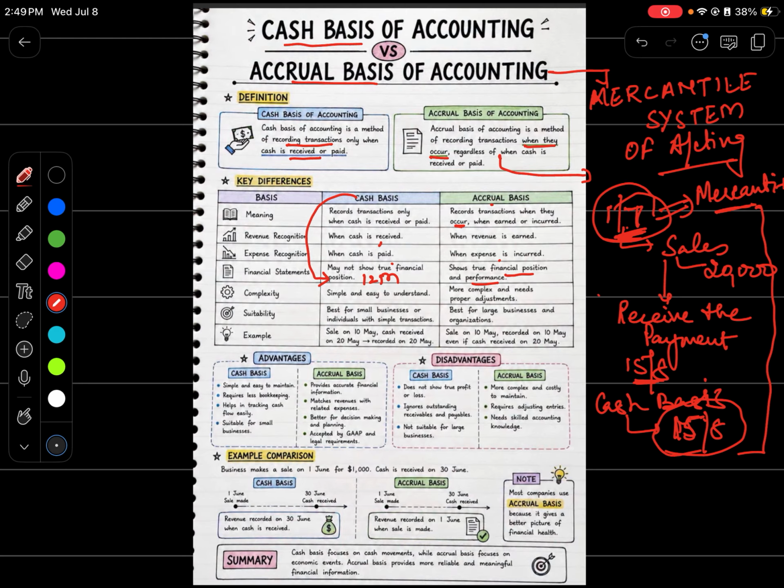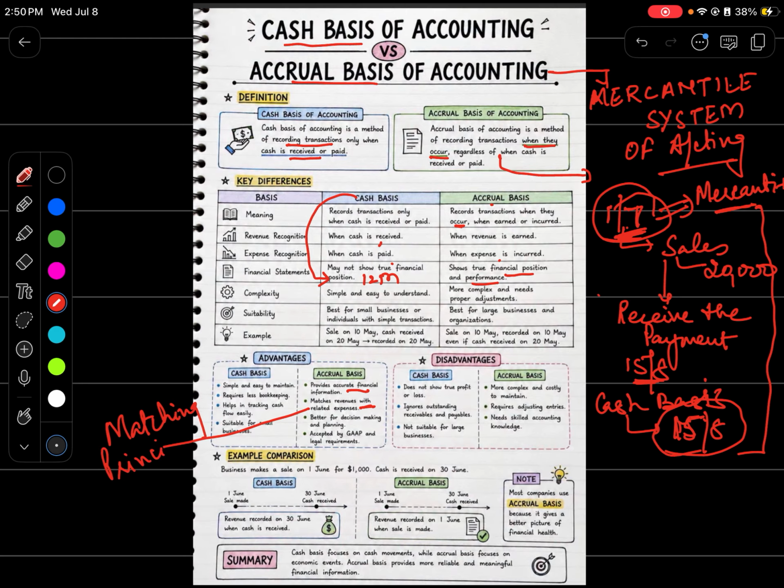Let's go on with the advantages and disadvantages. Cash basis is no doubt simple, helps in tracking and managing the cash flow, and is suitable for small businesses. Whereas accrual is good for bigger businesses because it gives us accurate financial information. It helps us to follow the matching principle, that is, it matches the expenses with the revenue.